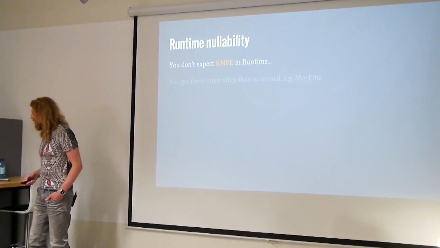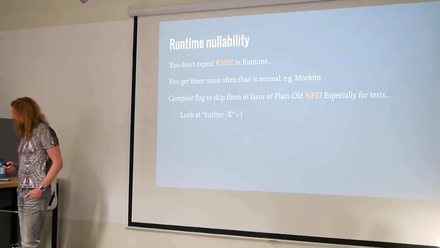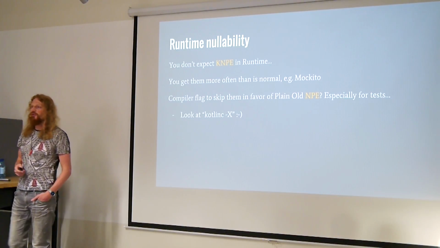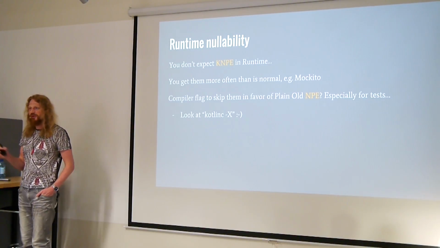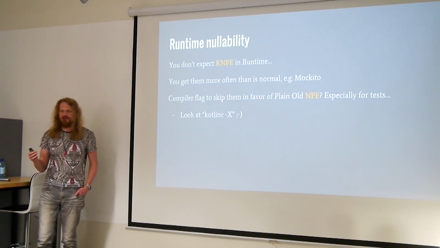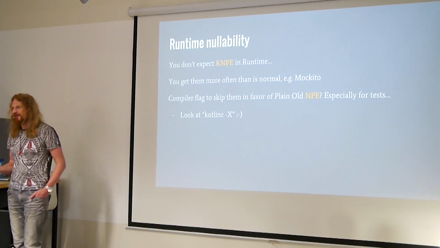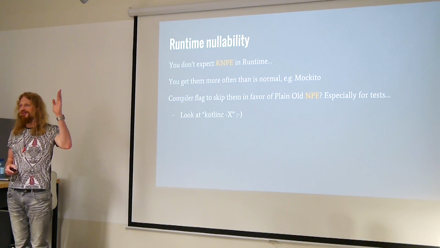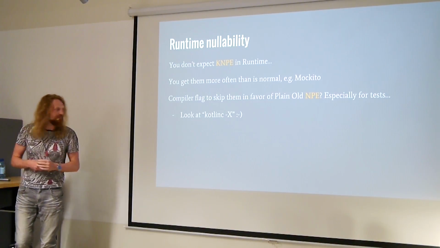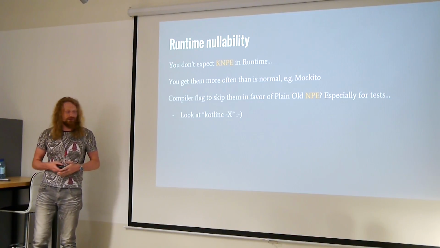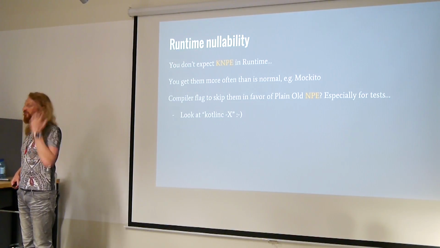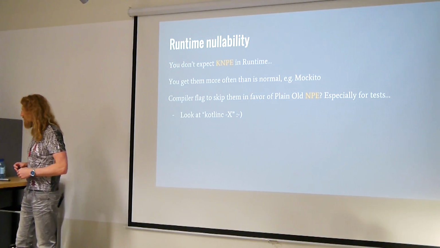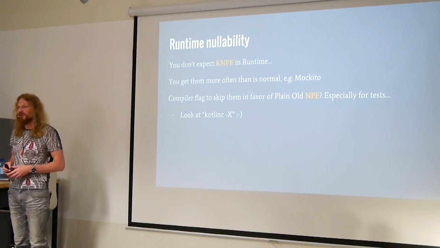So, yeah, I already showed it to you. With runtime nullability, there is a very big impact on agile development. If you're writing test-driven development, if you're writing tests, then you use Mockito. Everyone uses Mockito, no? Some people, okay. Mockito, for example, is a very good thing to mock your dependencies, to make pure unit tests.